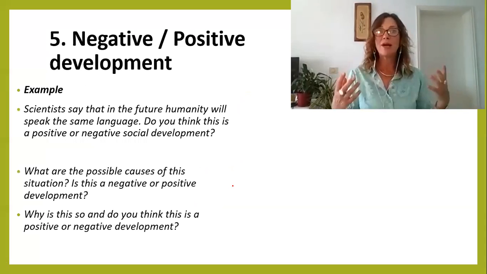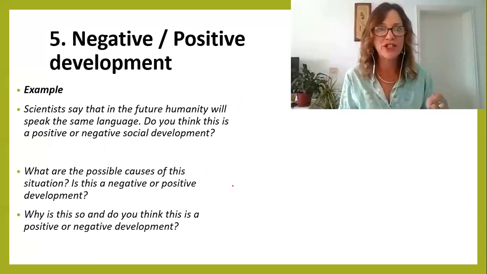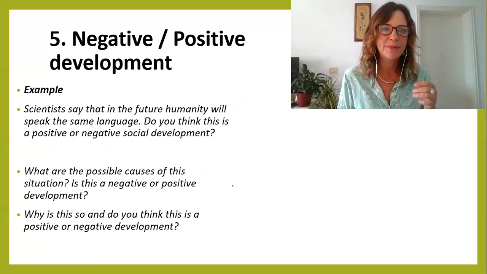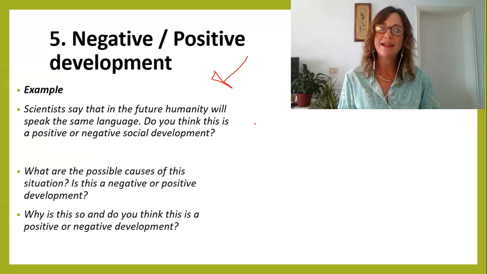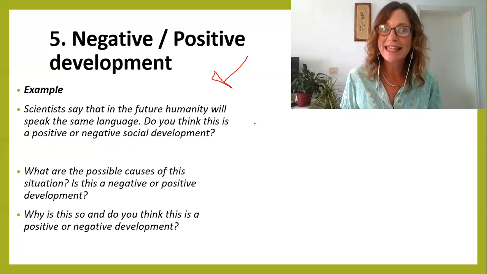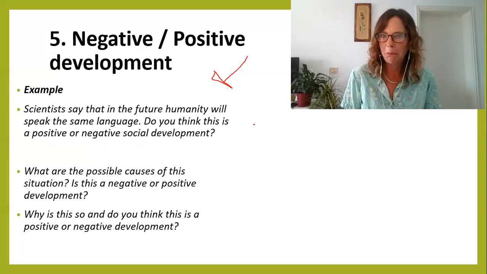It could be something about a positive or a negative development. Let's read the question, the statement, and how the question might be posed. So, scientists say that in the future, humanity will speak the same language.